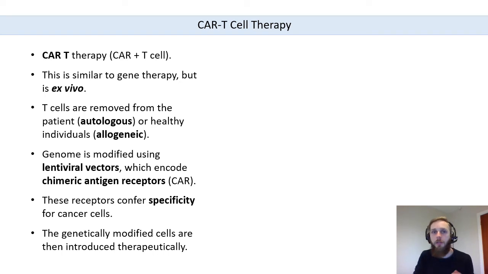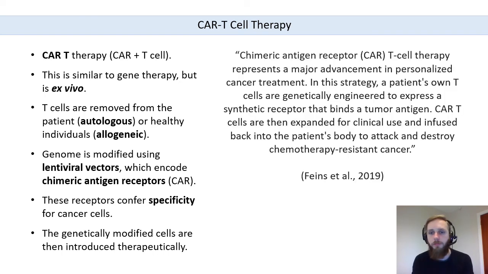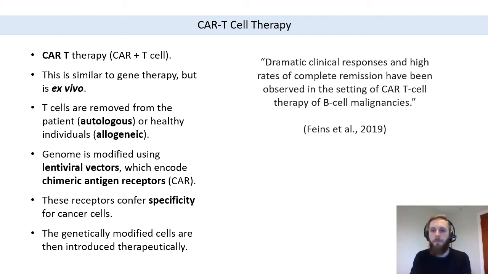Again, it is used, it does work, so it is something we should be aware of. Hopefully we can see that at the center of this technique is the use of these lentiviral vectors to genetically manipulate the immune cells. And again, I'm giving you some papers here to demonstrate that it is used and it does work.